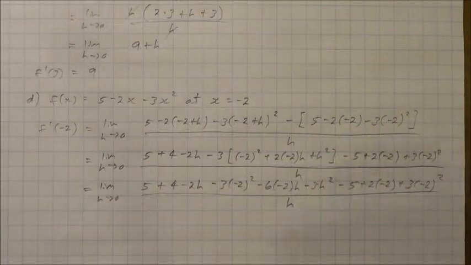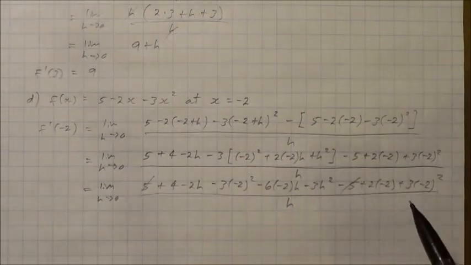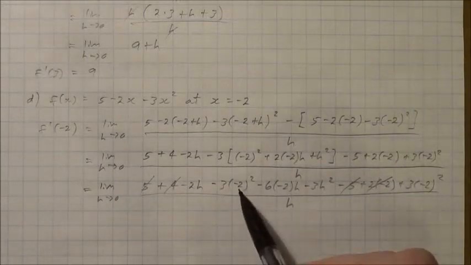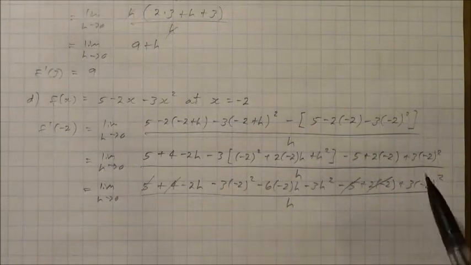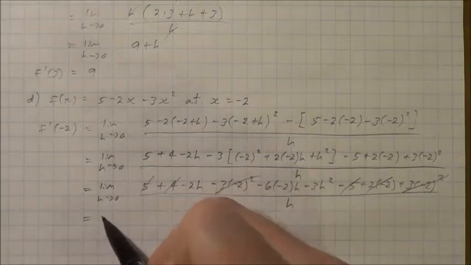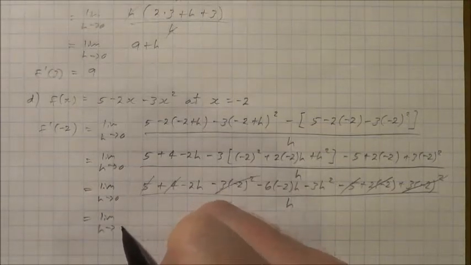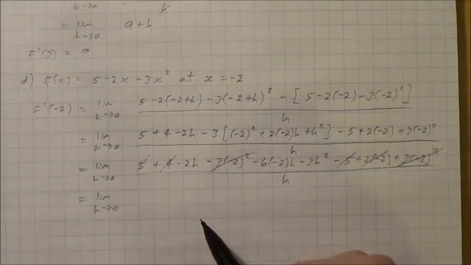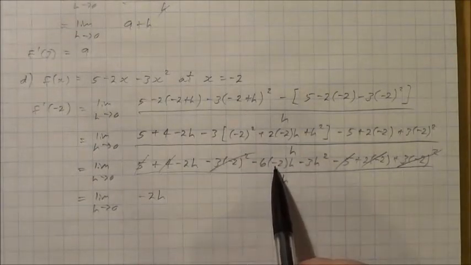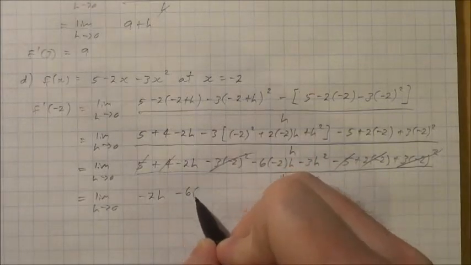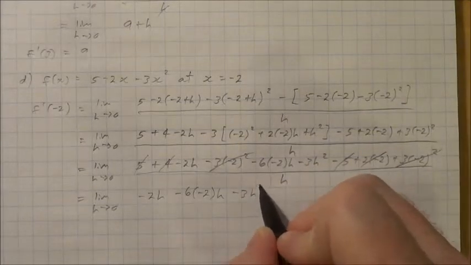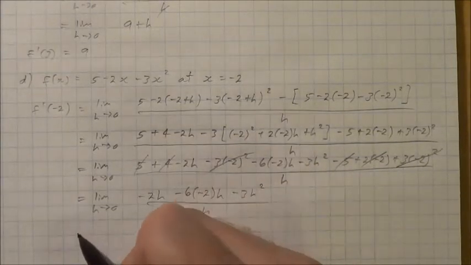And then the fun begins when we get to cancel things out. So 5 minus 5, here's a 0 pair, positive 4 minus 4, negative 3 times negative 2 squared, and positive 3 times negative 2 squared, another 0 pair. And then we've got finally negative 2h minus 6 times negative 2h minus 3h squared all over h.